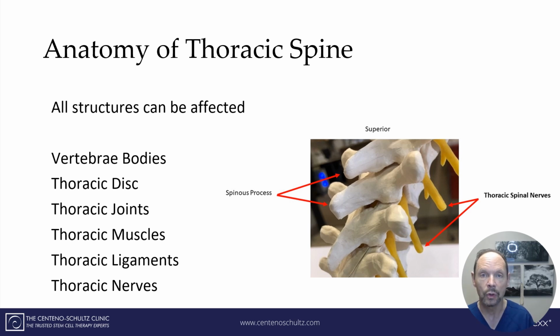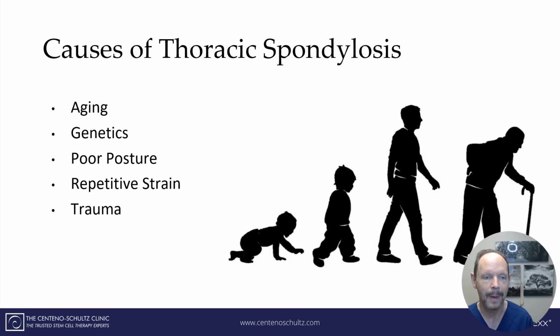The thoracic joints, there are many, we discussed that previously, which include the facet joint as well as the costotransverse joint. The thoracic muscles, the ligaments, the spinal nerves, including the spinal cord, all can be affected by this degenerative process in the thoracic spine.